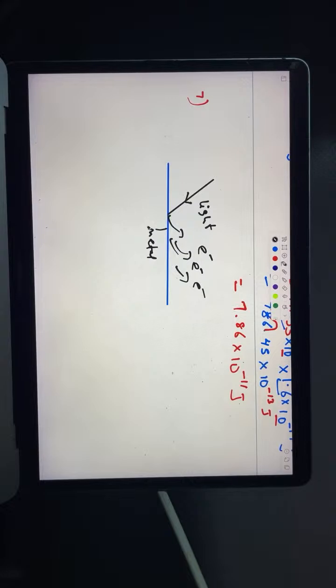Now, this is what happens. Every metal has what we call work function. And what is work function? Work function is just that thing you need to first of all overcome. It's like you want to collect money from somebody and the person is holding on to that money tightly.